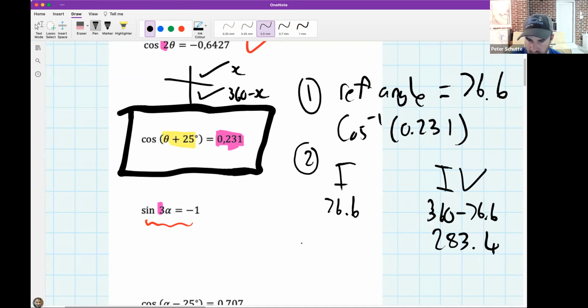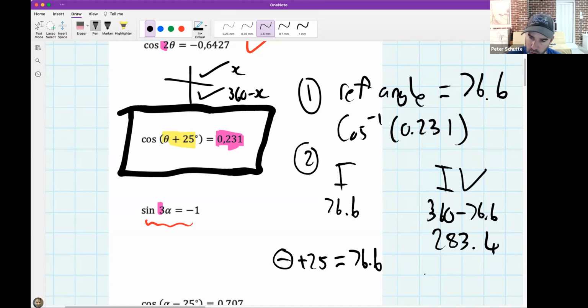So all we do now, just like before, is we take the thing that is enclosed inside the trig function, and we make it equal to the number answer we have there. So can you see theta plus 25 is 76.6.